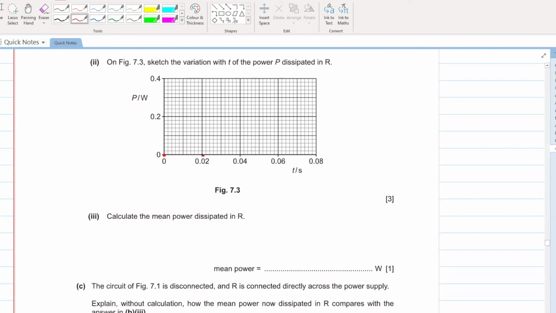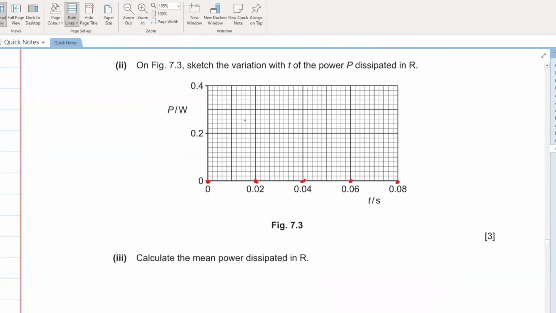What will be the maximum power? 0.22. So this is your maximum power. Can you draw a graph now? Yes. Like this.